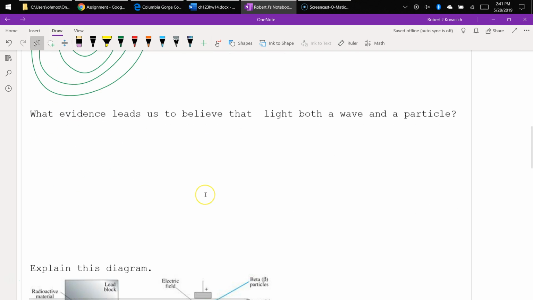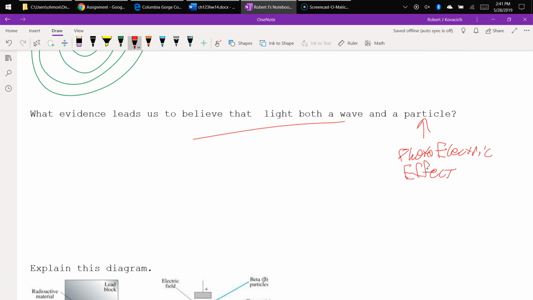All right, particle. What about a wave? Interference, and what else?